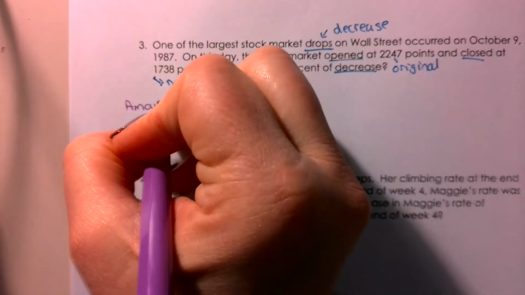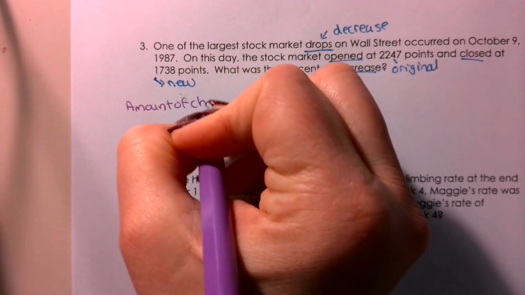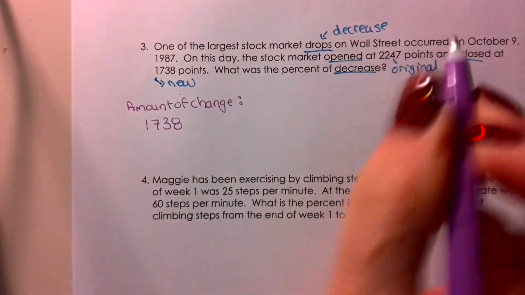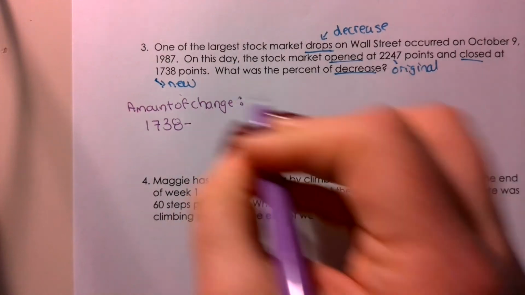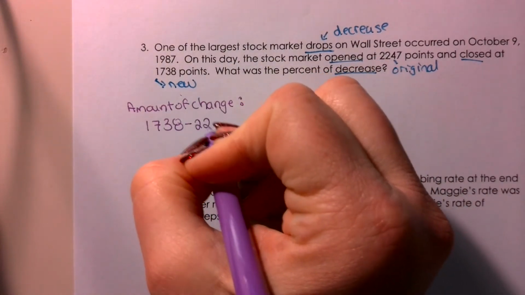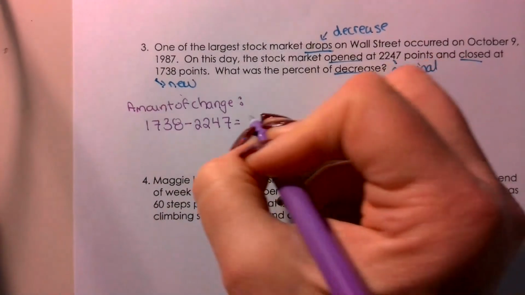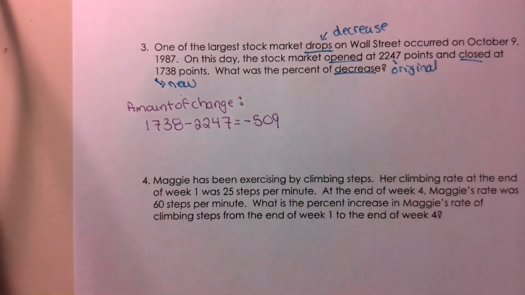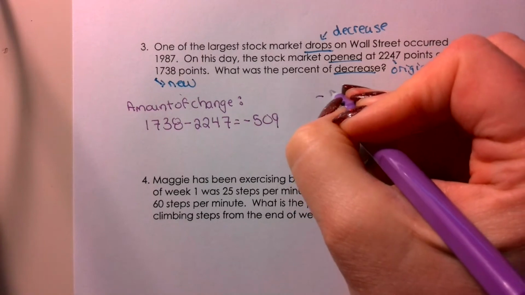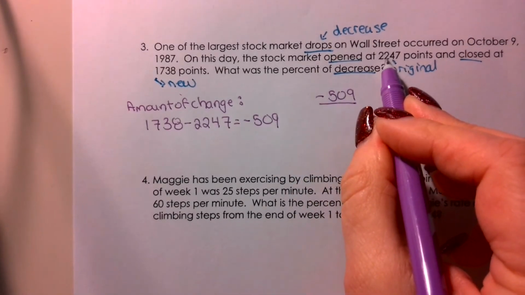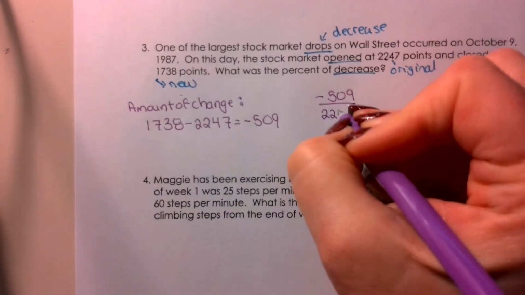So remember, step 1, I'm going to find my amount of change by subtracting the new amount, 1,738, minus the original amount, 2,247. And when I put that into my calculator, I will get negative 509. So it was a drop of 509 points. Now I want to take my negative 509 and divide it by the original amount, which was 2,247.